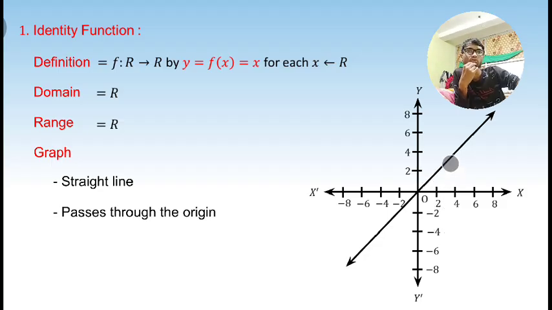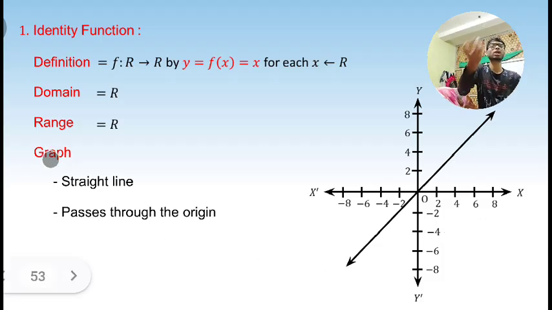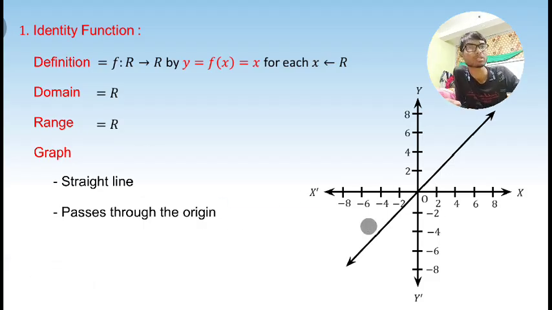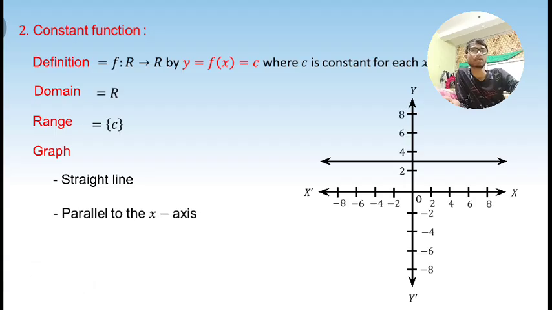If x is 4, y is also 4. If we take x as 6, then y we will get as 6. It means we are getting a straight line, and this whole process is talking about the identity function. This is a function, but which kind? Identity function. Now next we have the constant function.